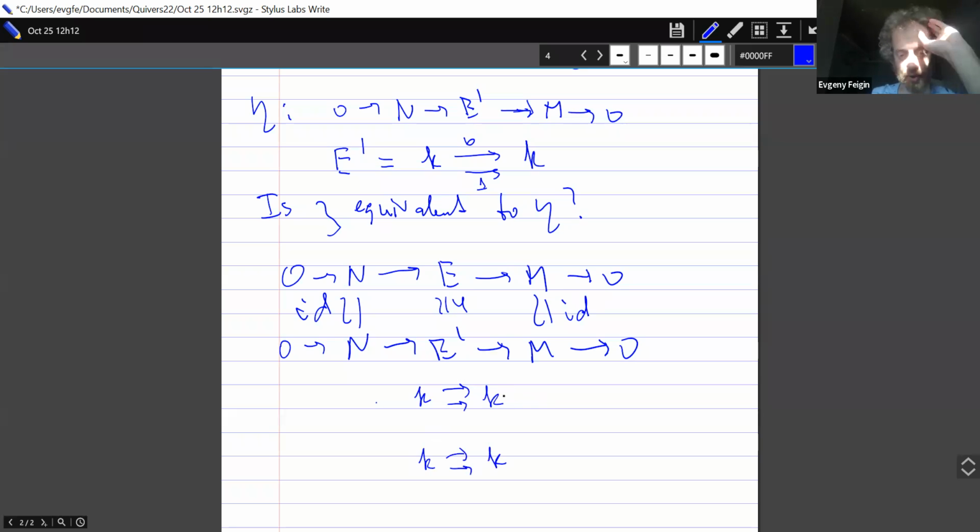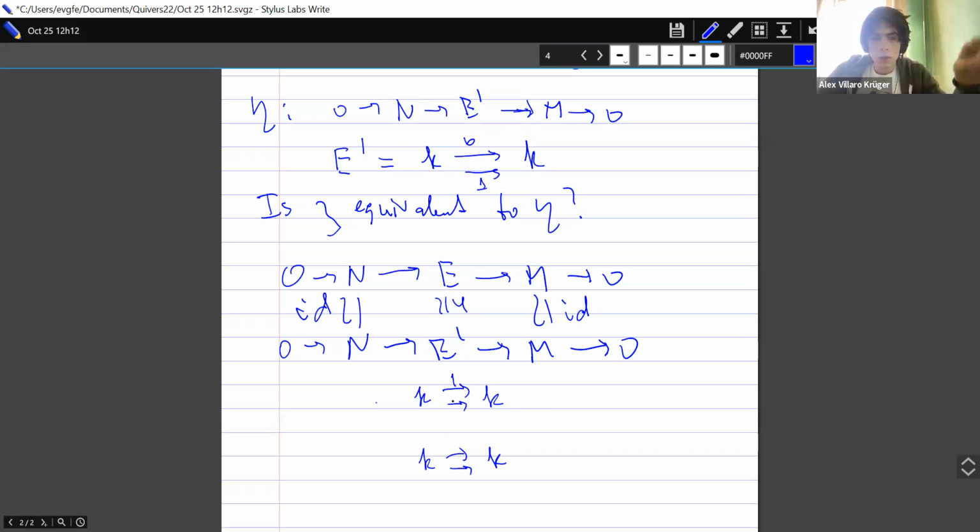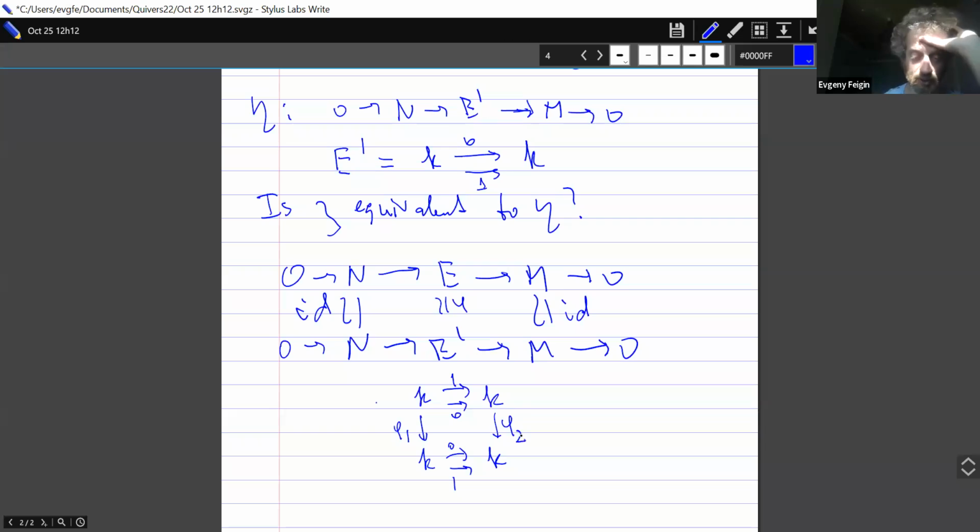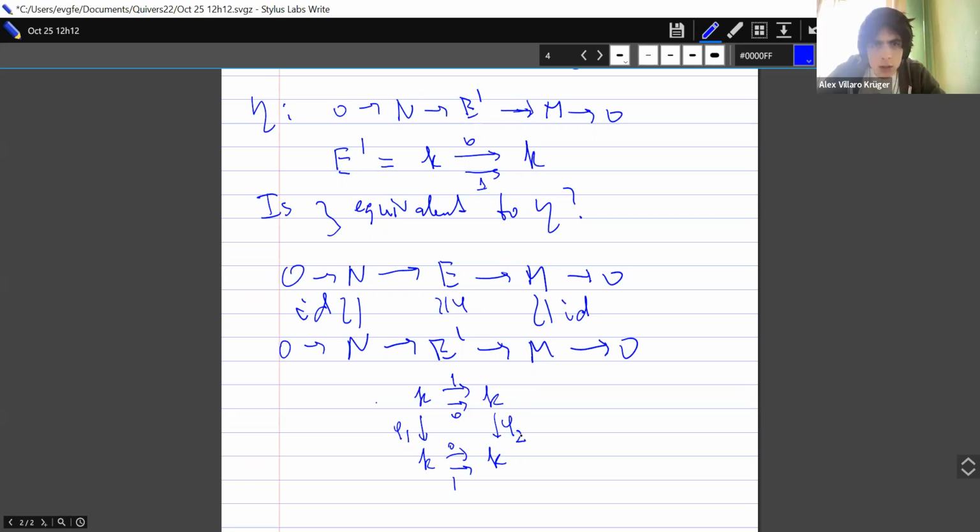If we compare the upper arrows, since it should commute, 1 and 0, then we see that at least one of phi 1 or phi 2 must be 0. Then we compare the lower arrows, and we see that both of them must be 0.